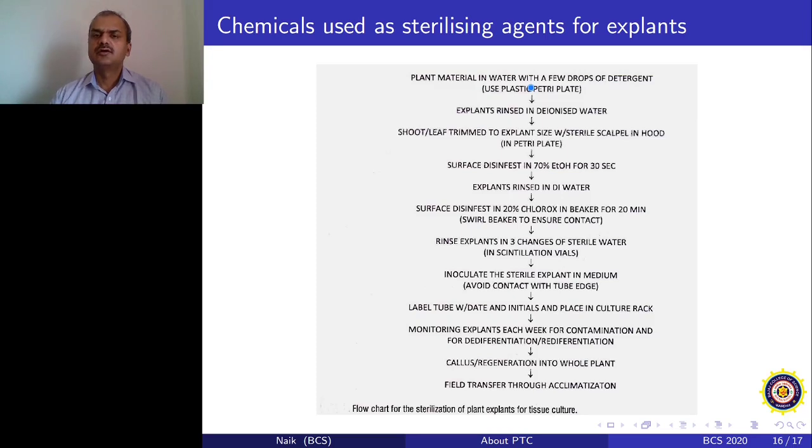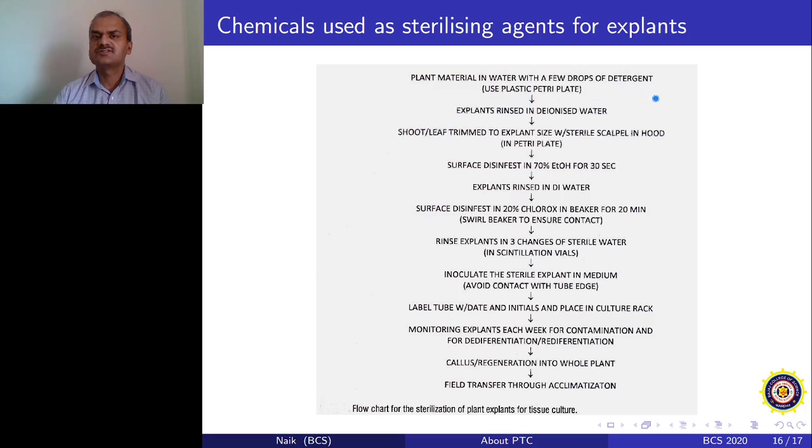typically in a single conical flask you should have 20 to 25, but not more than that. So 20 to 25 explants should be better. And once you put these explants in water, I would recommend along with a few drops of detergent, either Tween 20 or Tween 80 or any mild liquid detergent, you should also treat that particular explant with broad spectrum fungicides, which are plentifully available in our agriculture shops or hybrid seed company shops or any grocery shops.